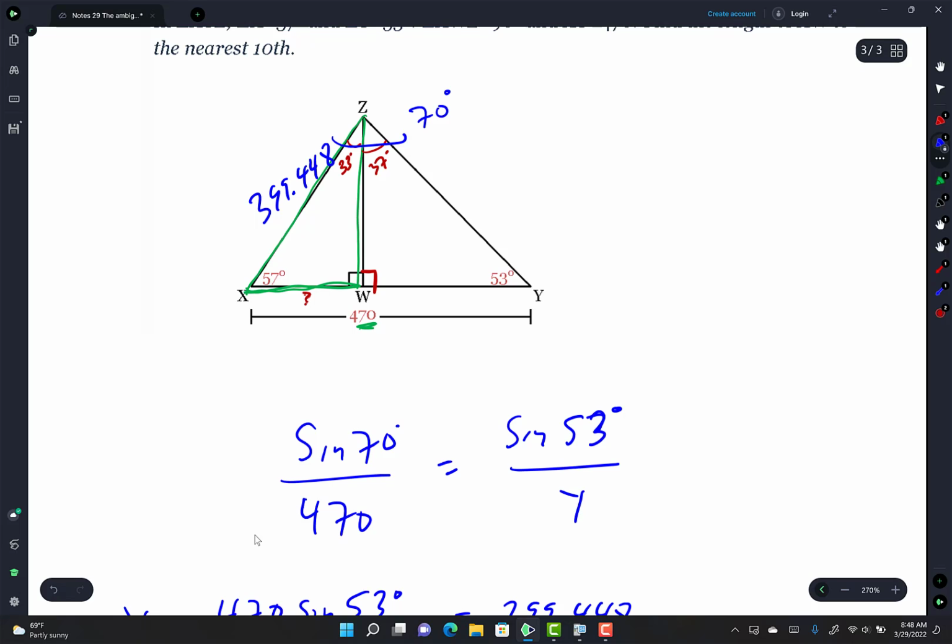I think Delta likes to use law of sines again. I'm not going to use law of sines. I'm going to do this. With respect to the 57 degrees, is this question mark opposite, adjacent, or hypotenuse? Adjacent. And then the hypotenuse is the hypotenuse. Which one uses adjacent or hypotenuse? Sine, cosine, or tangent? Cosine.